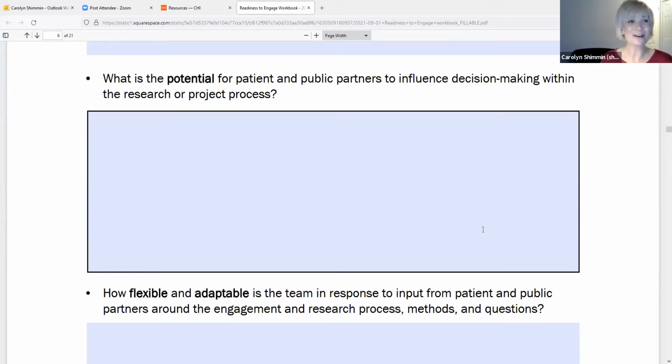Again, an important heart-to-heart to have with your team members. Are you open to changing some of your research process or the design of your research project, or adding new outcome measures, shifting the research question a little bit?